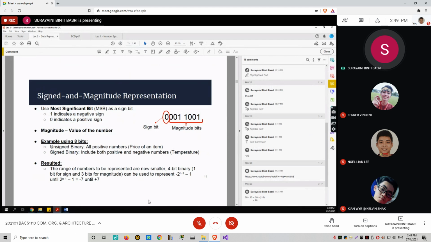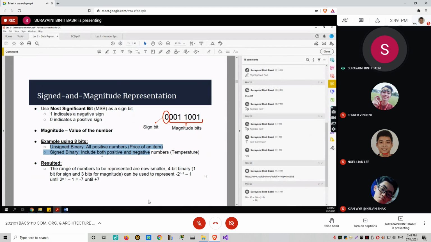So this is the example of numbers, like I said just now. All positive numbers are like the price of each item in the shop, so there will be no negative value for a price.